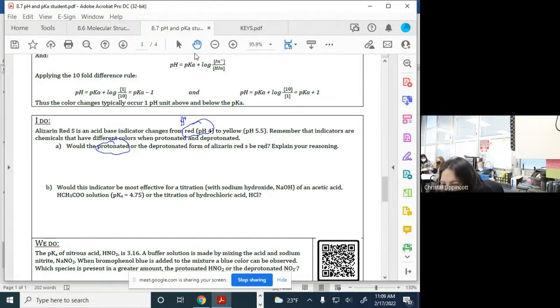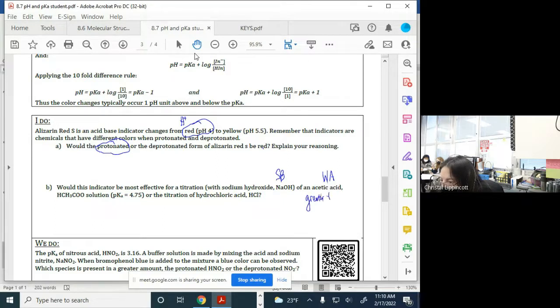Would this indicator be most effective for a titration of sodium hydroxide and acetic acid? This is a strong base. This is a weak acid. Where is the equivalence point going to be for these? Higher than 7. So it's going to be greater than 7.